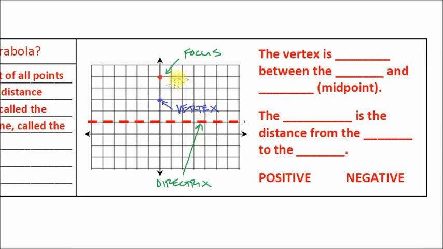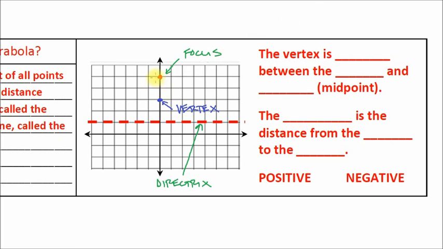And then there's something else we're going to label here, and that is called the p-value. So right here in your descriptions as well, I want you to write this sentence. The p-value is the distance from the vertex to the focus. Let's go ahead and label that on our graph here.